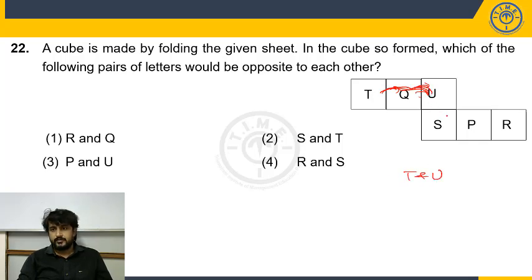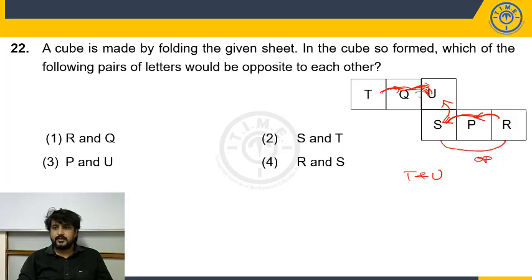Now when you close this one, U and S are adjacent. When you close this, P and R will become adjacent. And from here to here, P to R, and if you close one more time this way, S and R will become opposite.